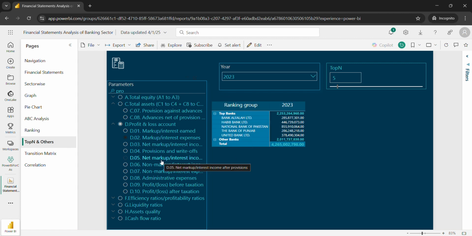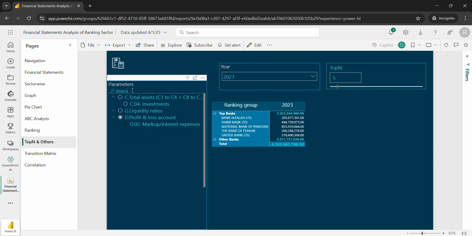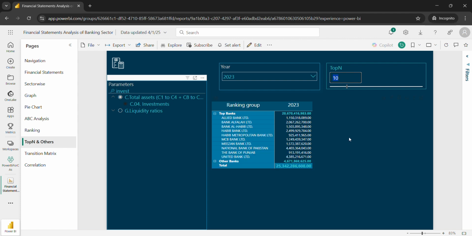Again, let's move to investments. Here we go, we have investments, and in this case we have the total of all investments, and the top 5 banks that I will be defining here are shown here, and all the remaining banks are combined into one chunk to match the entire figure. Let's talk about the first 10 banks. This is totally dynamic, and the top 10 banks are selected, and accordingly the remaining percentage is decreased.